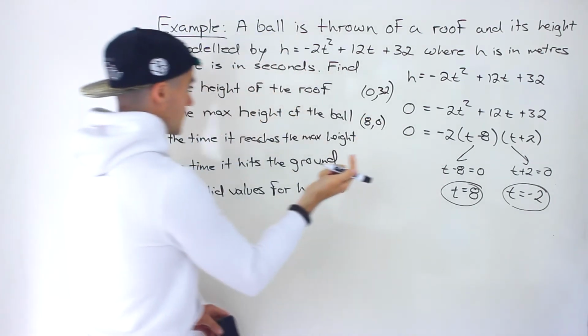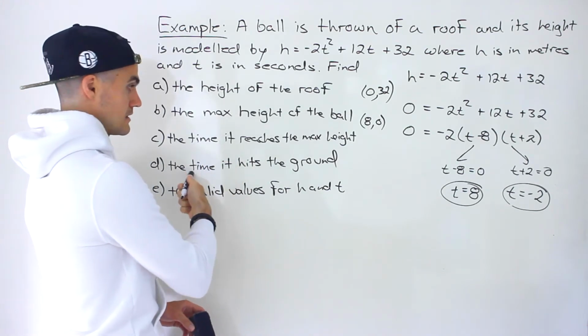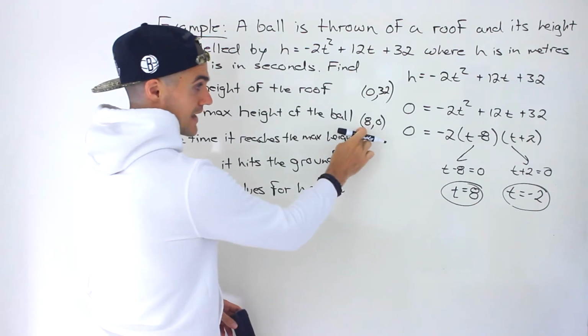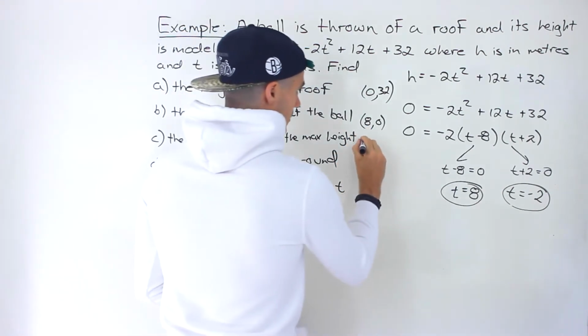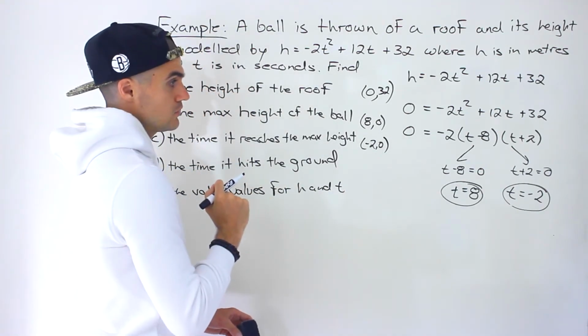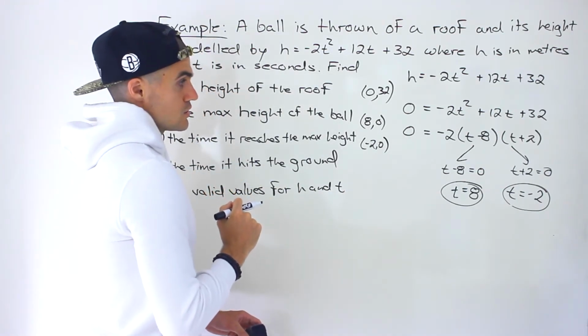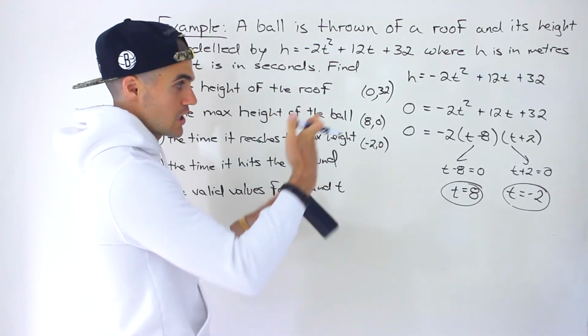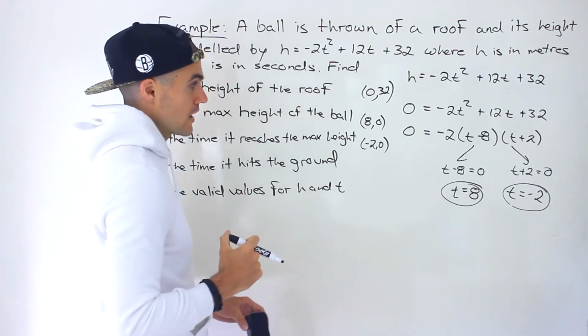And actually, this answers one of the questions, the time the ball hits the ground, right? The height's going to be 0, and it's going to happen at 8 seconds. But again, we'll come back to that, but I thought I would give you a nice little preview. So those are the two t intercepts, or the x-intercepts if you change the variables to keep it super abstract.